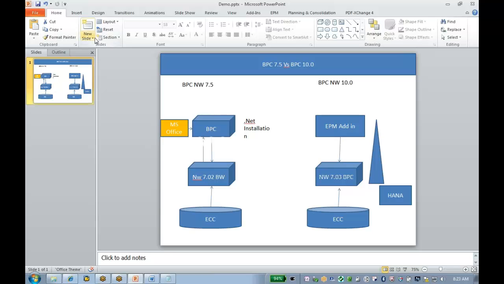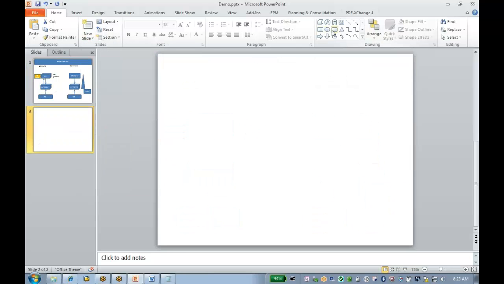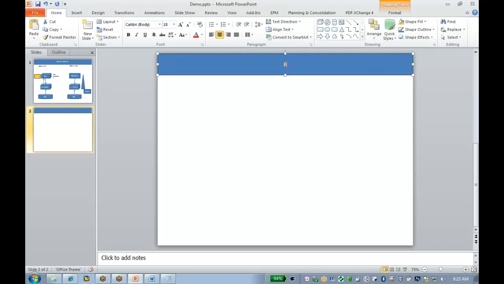Before that, some of you are very new to SAP products, so I want to explain what the versions are and what BPC is. Then I will go into these differences. BPC is called Business Planning and Consolidation.